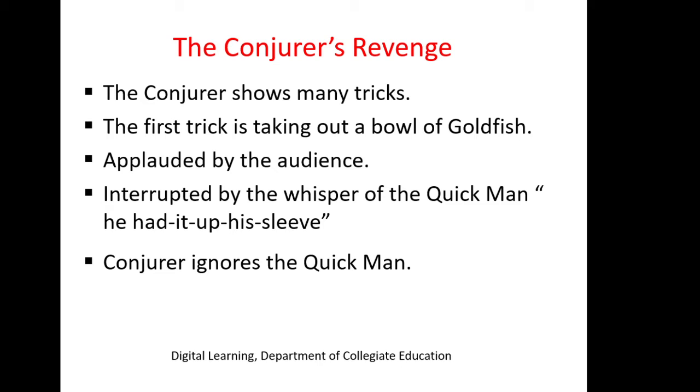The audience are very happy as he performs this trick and they applaud him. But their applause is interrupted by the whisper of the quick man who says he had it up his sleeve.